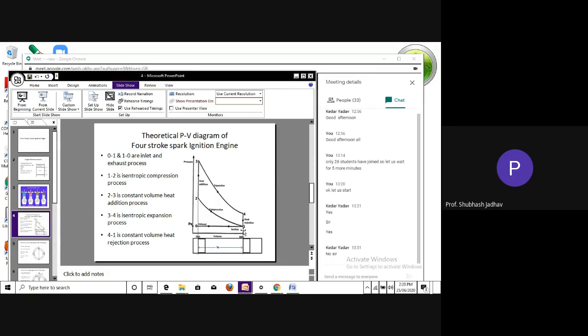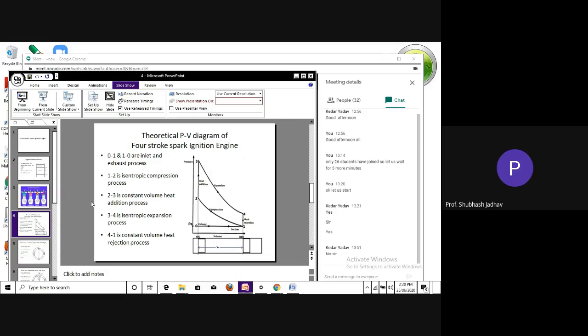Rather, it will be pushed out and ensure that the pressure remains atmospheric. That means here the pressure was somewhat higher, this value. From here we have to make it reach over here, and for that we have added one extra line over here. We have assumed one extra process which is not there actually, which we say is the heat rejection process.